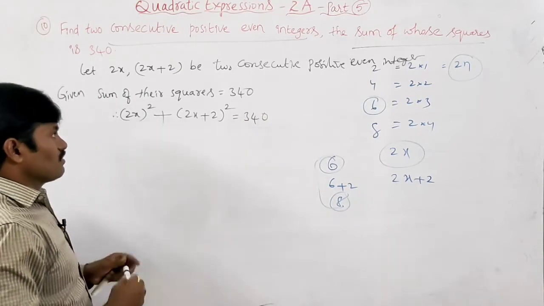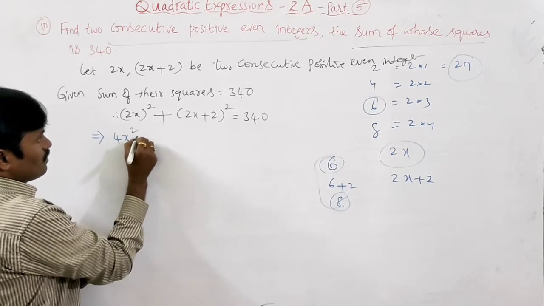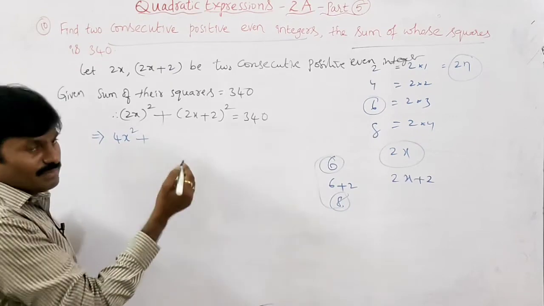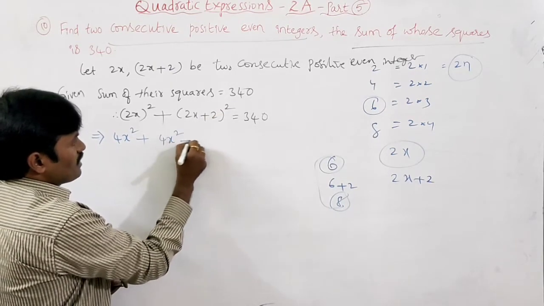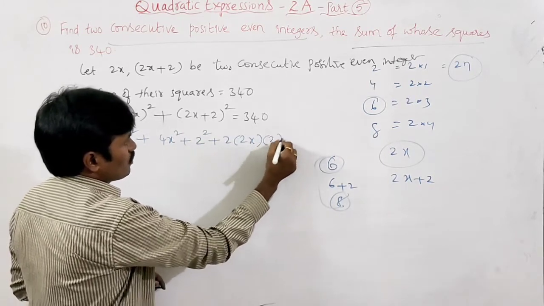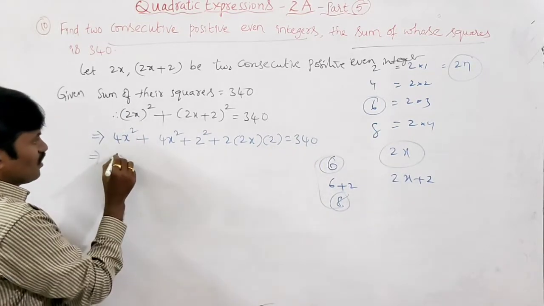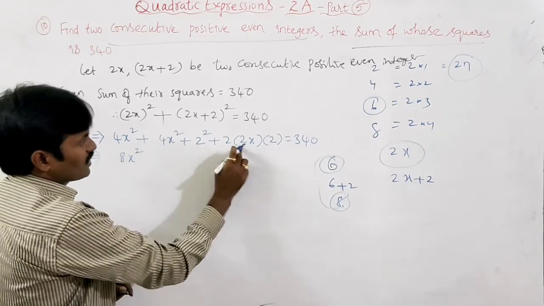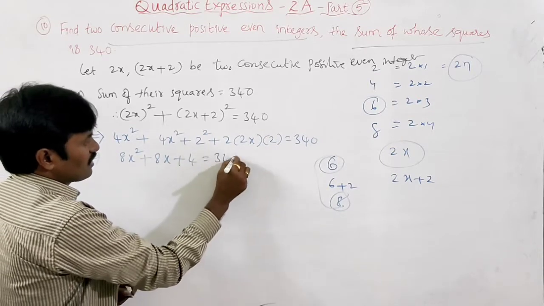Okay. Then (2x) whole square can be written as 4x square, plus this one also. (2x plus 2) whole square, if you expand, it becomes (a plus b) whole square, a square plus b square plus 2ab, that is 2 into 2x into 2, is equal to 340. Now 4x square plus 4x square is 8x square, plus 2 into 2 into 2x is 8x, plus 2 square value 4, is equal to 340.